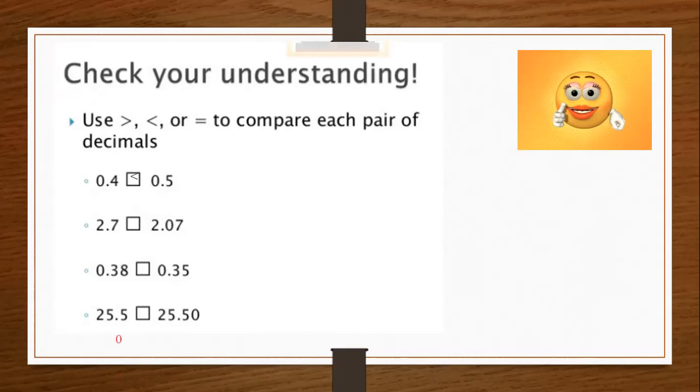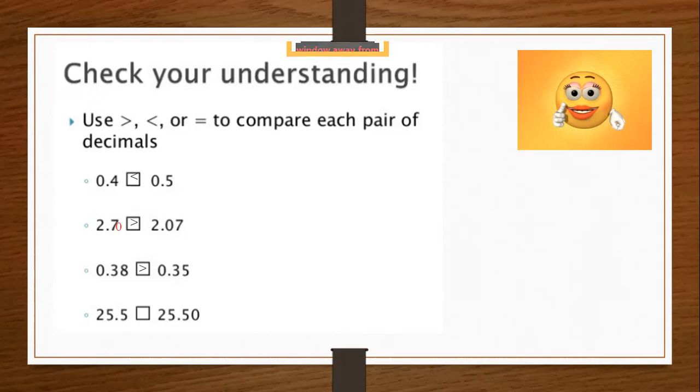So we need to add a 0 to the first number. So now it's 2.70 and 2.07. Which one is greater? Going to the decimal part, 70 of course is greater than 7. The third one, easily, we don't need to add any zeros. So 3800th is greater, of course.